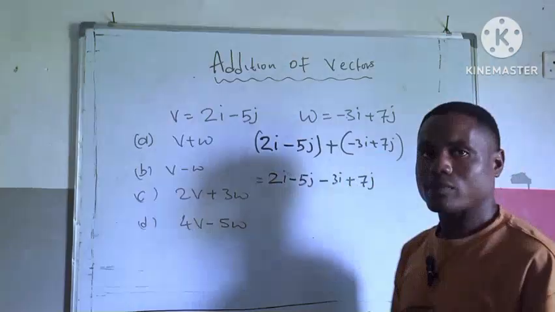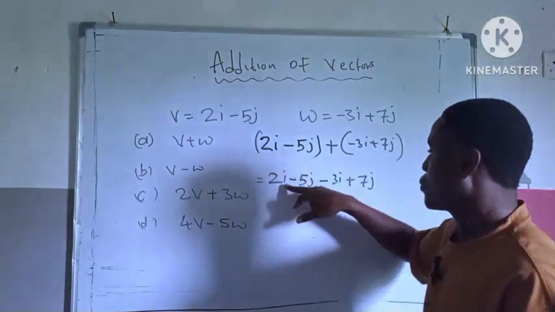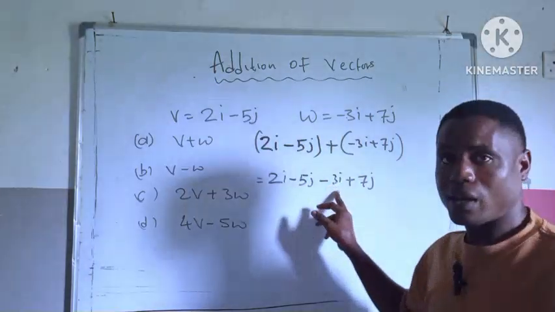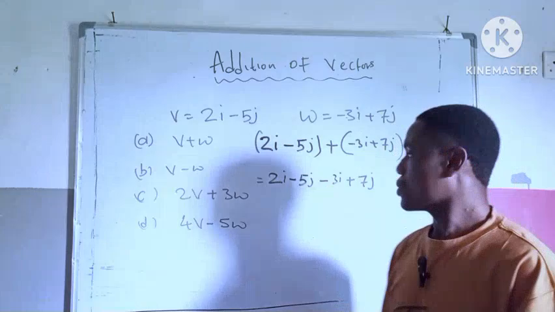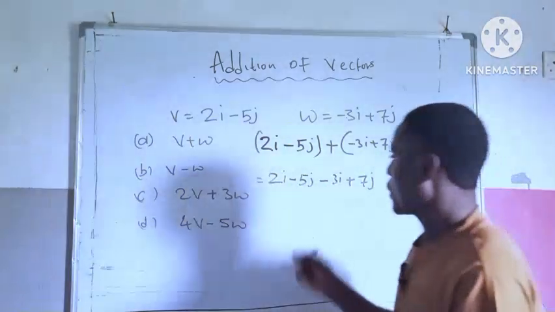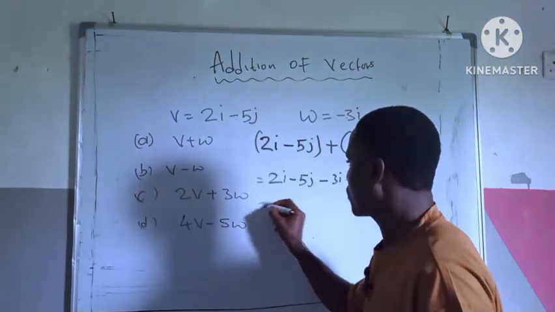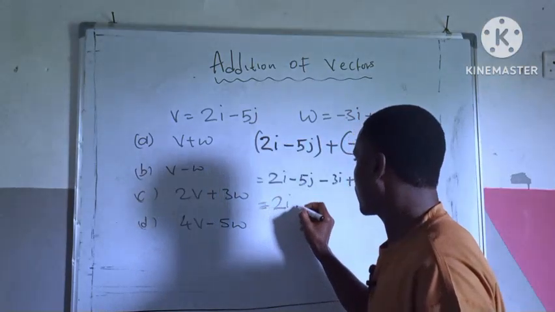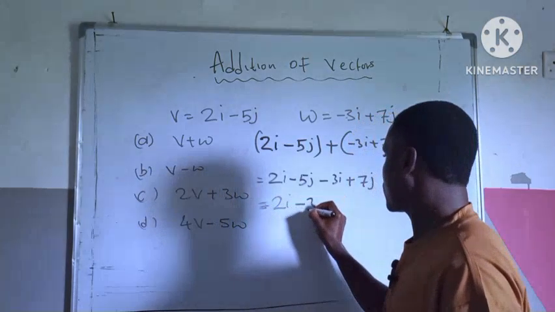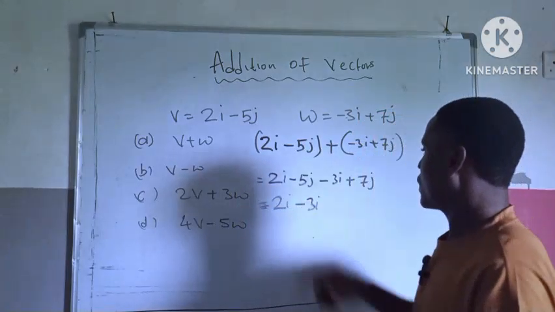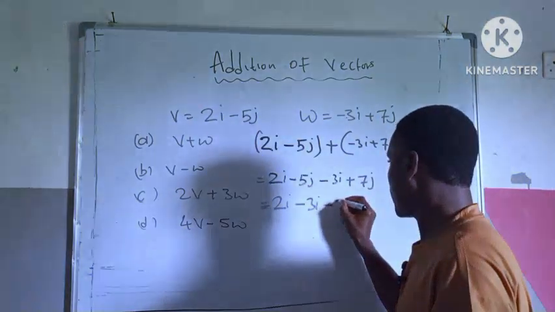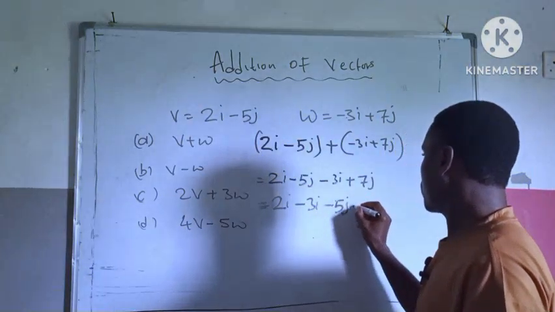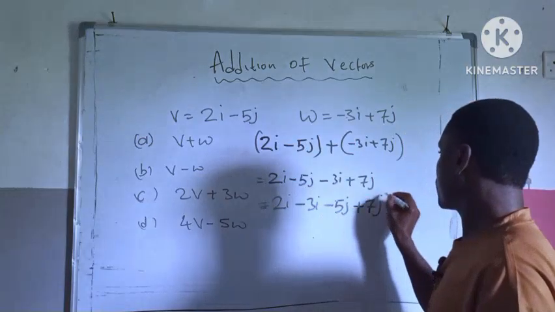Now we have 2i and minus 3i here, so they are like terms. What you need to do is bring them together, that is 2i minus 3i. Then we have minus 5j here, so you write minus 5j plus 7j.